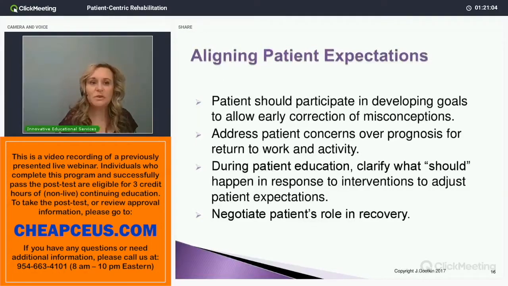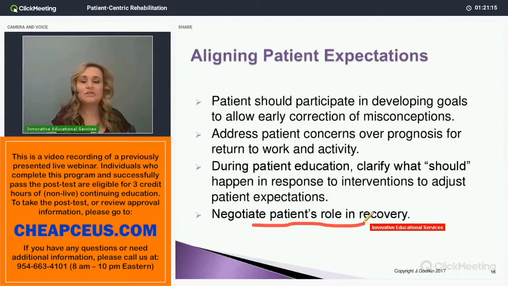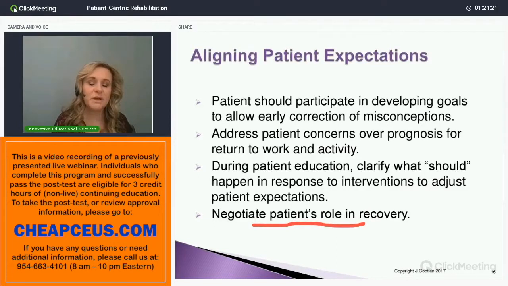Do you think that's achievable? Now you're negotiating with the patients that they're playing a role in making that decision. And then what you give them for their home program will relate back to that. So you're going to negotiate that patient's role in recovery. You're going to get buy-in from them to hopefully increase their compliance.